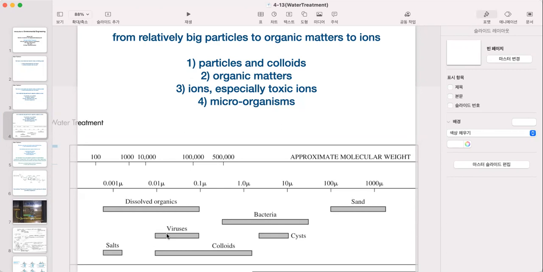Our mask, the mask against COVID-19, is also a membrane. A membrane, by definition, can remove a certain size of contaminant. The membrane has pores with a size.